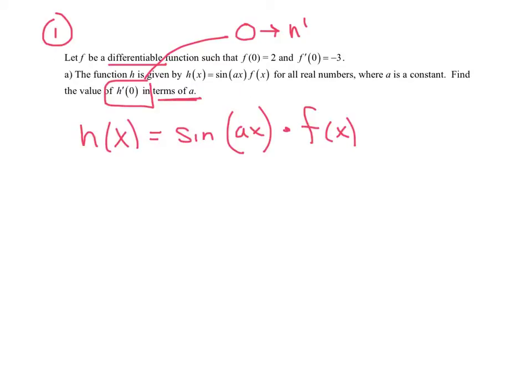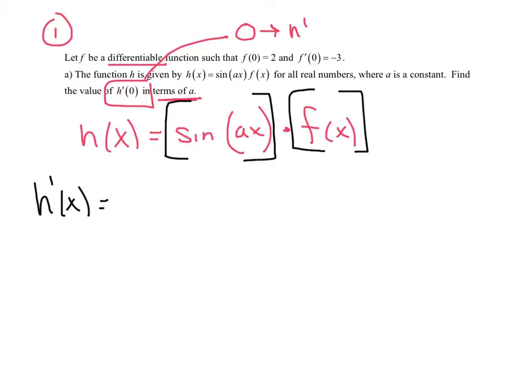So I'm just going to bracket in my two products. I have the sine of ax times f of x. So I'm going to go product rule. So h prime of x equals first, sine of ax times the derivative of the second, so times f prime of x, plus the second times the derivative of the first.